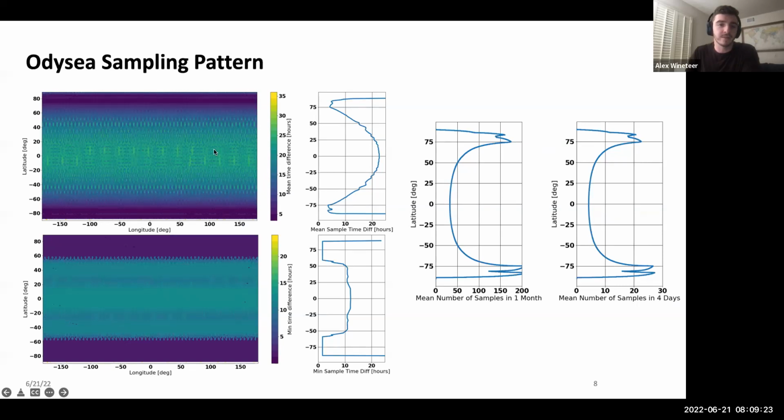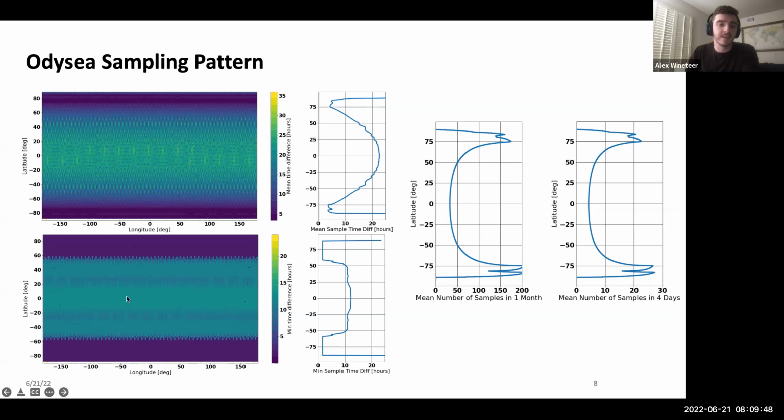Every 24 hours, you get a sample. And then as you move towards the poles, we get more like every 5 hours sampling. And then if you look at the minimum time difference, at the poles it's less than 5 hours, and at the equator, we can get about 12-hourly sampling at a minimum.